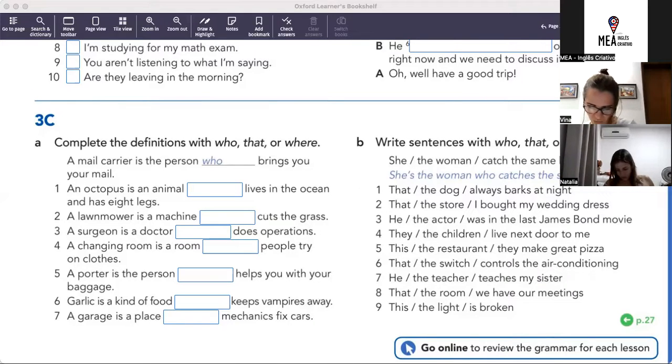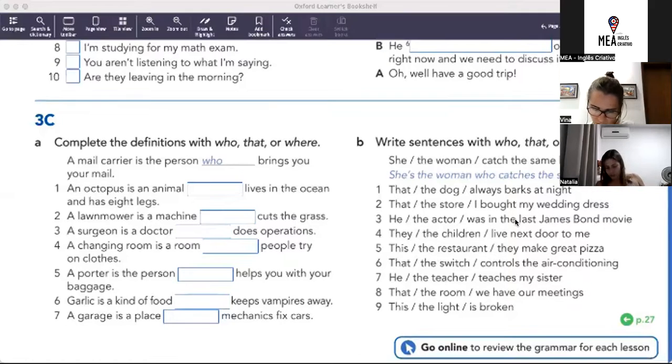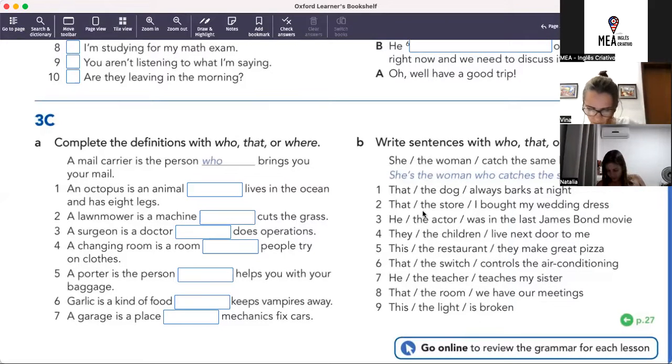Change room is a room. I finished. Finish. Finished. Good pronunciation.